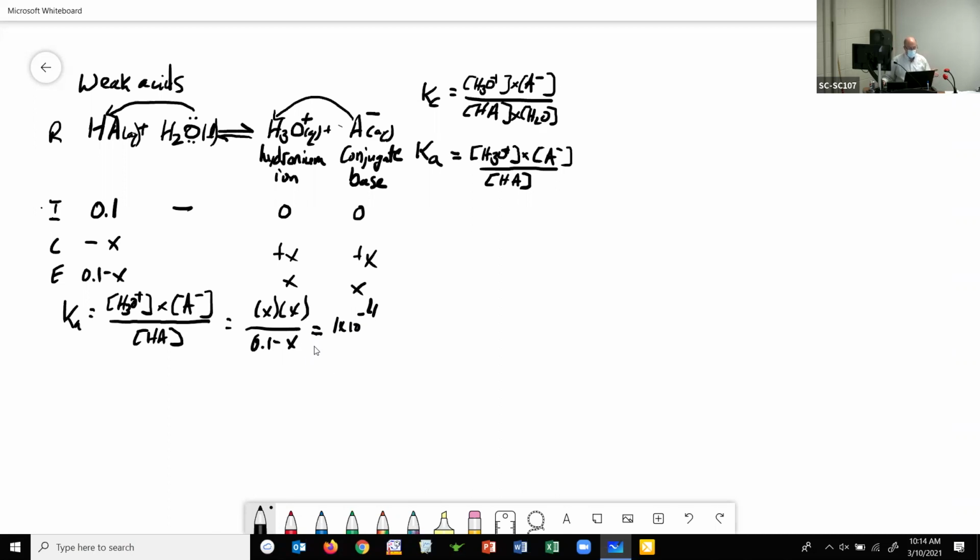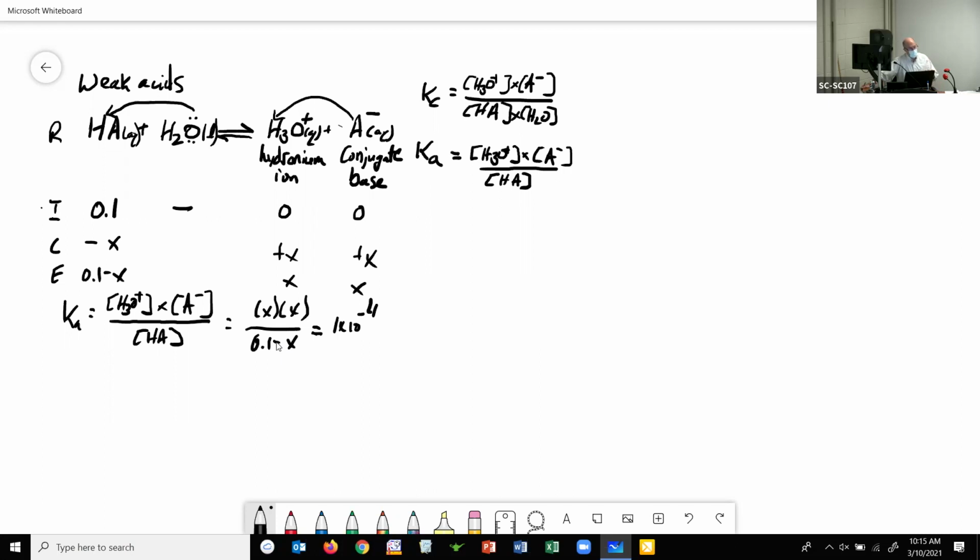If I look at this concentration and I look at the Ka value, and there's a big difference between them, where the Ka value is much, much smaller than the acid's concentration, what that means is that there's going to be very little reaction. The K value is very small, doesn't favor the products.